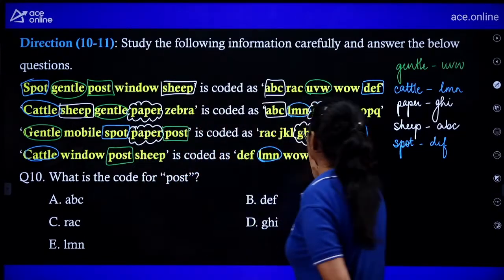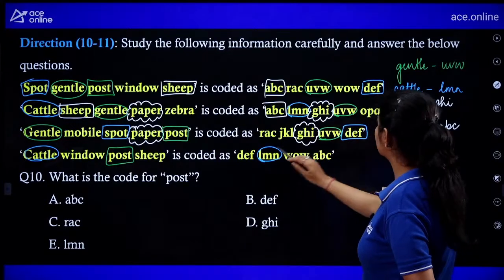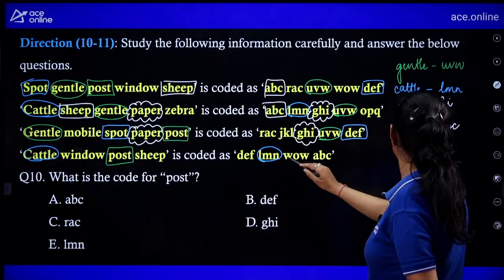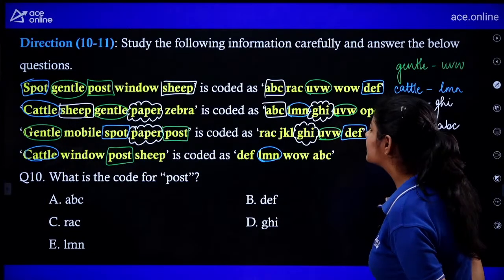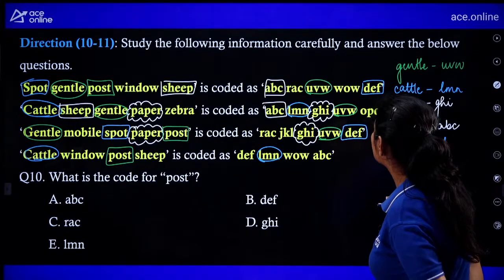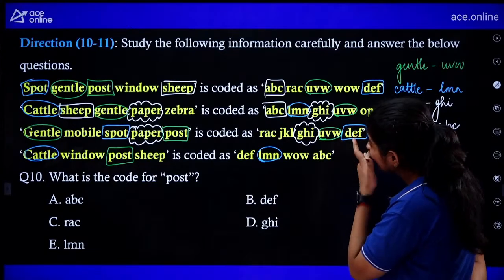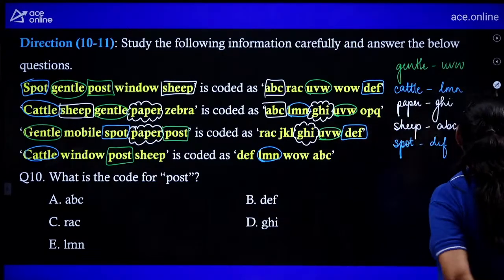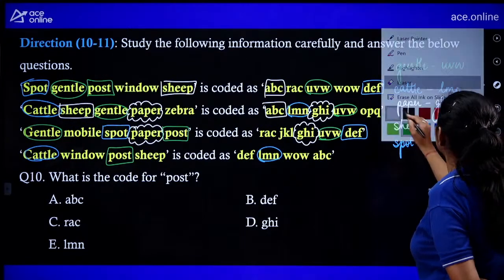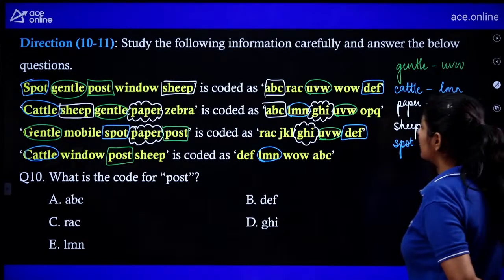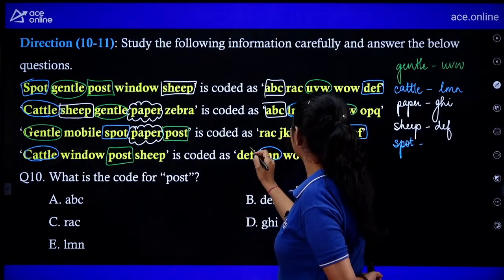The common code that we are having, wait, DEF is over here also. So sheep, no, wait, I guess we got it wrong. DEF is for sheep, wait. Here also we are having DEF.